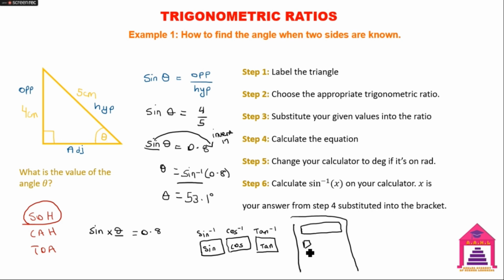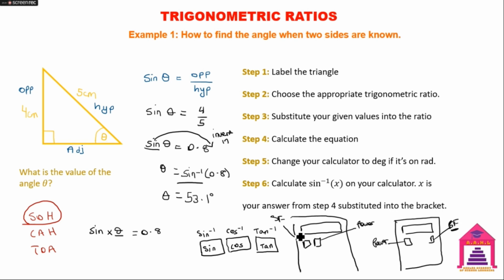It's usually denoted by the letters SHIFT. It can be either on this side, right next to the power button, or the power button could be here, and it could be here.